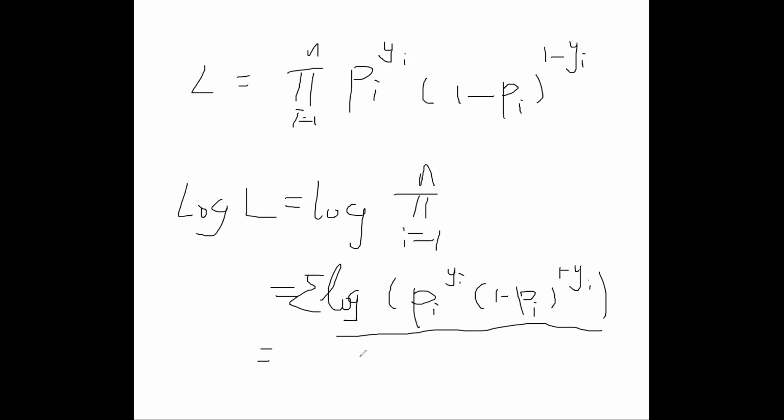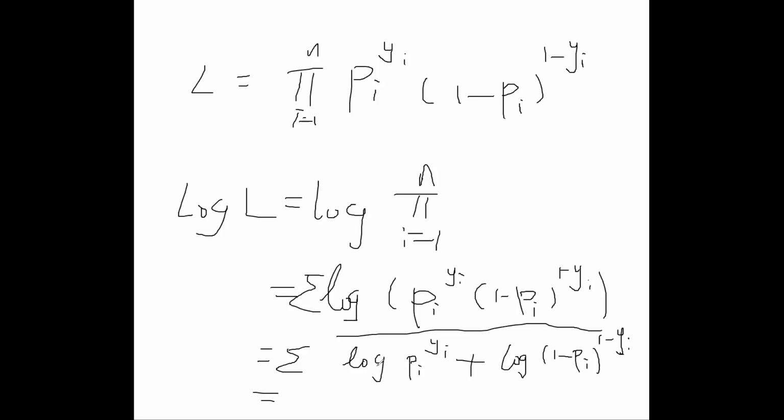Sum of this would be equivalent to, again, log of A times B is log A plus log B, so the sum of log pi powered by yi plus log of 1 minus pi powered by 1 minus yi.